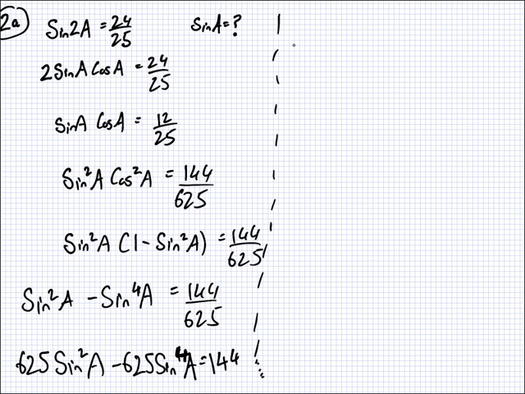Okay, so that's 625 sine to the 4th A minus 625 sine squared A plus 144 equals 0.